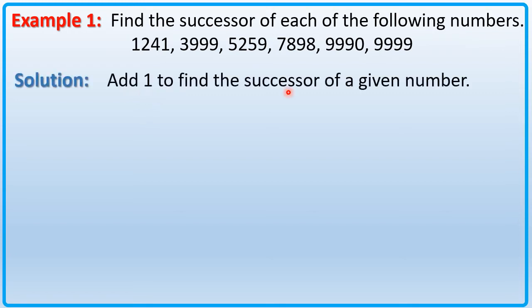Add 1 to find the successor of a given number. The first number given here is 1241 and when we add 1 to it we get successor of this number. That is 1241 plus 1 is equal to 1242. So this is the successor of the given number.